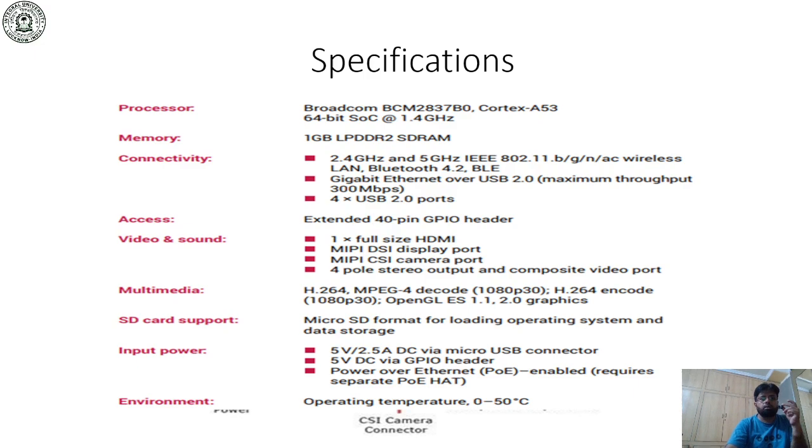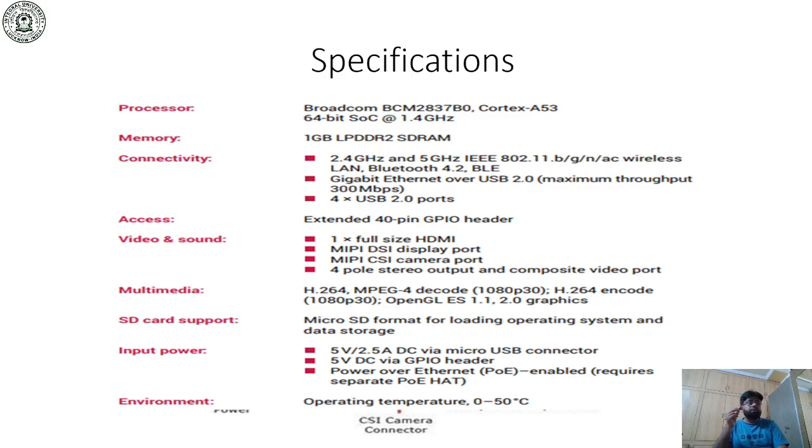So next, these are the specifications of the Pi 3 model B plus, the model that I will use in the coming videos for the practicals. Okay. So here you can see we are using the processor Broadcom BCM2837, a 64-bit processor which runs at 1.4 gigahertz.